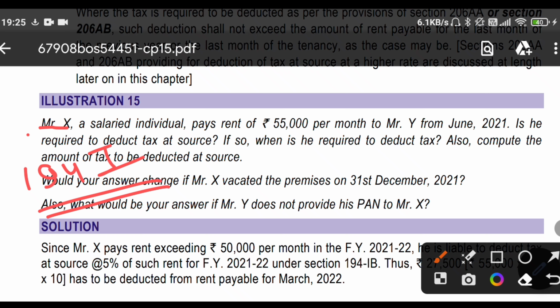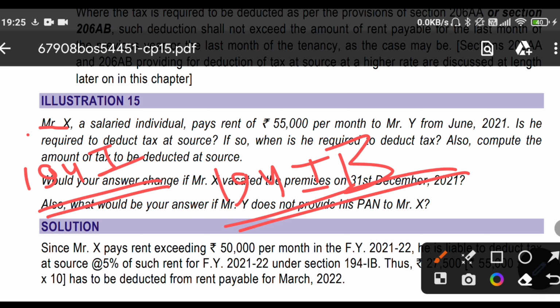But other than individual HUF who are covered under 194I, section 194IB can be attracted, okay, only for those individuals or HUFs who are not covered in 194I. So 194IB is for salaried individuals, you can say, or small business owners, right?